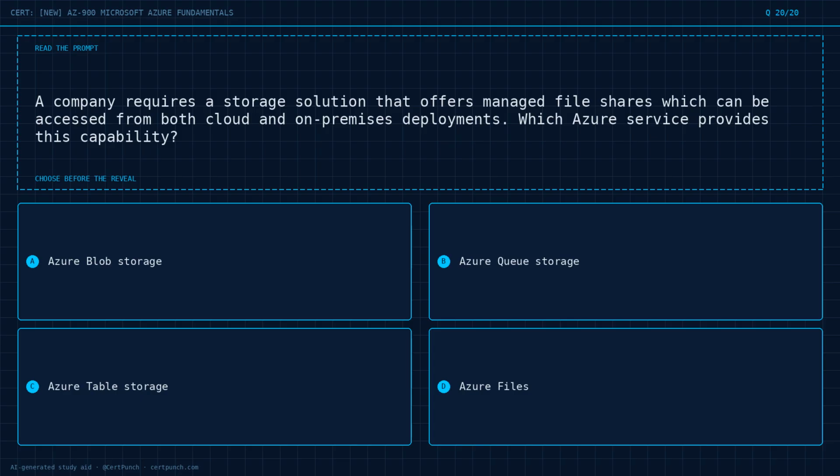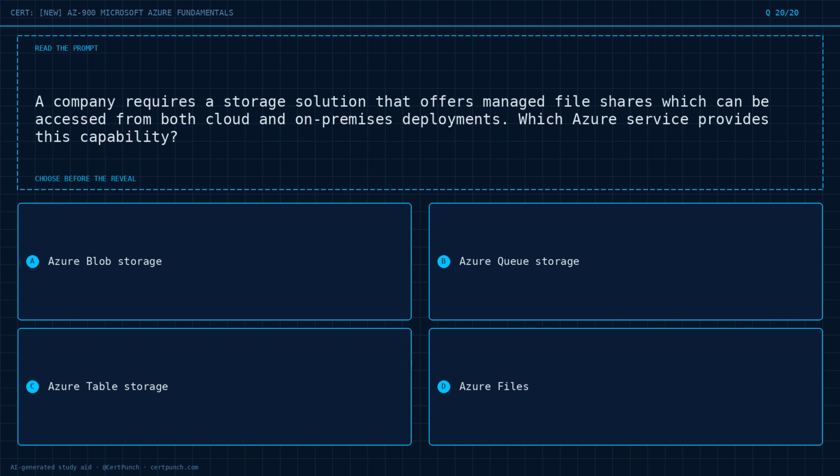Question 20 of 20. A company requires a storage solution that offers managed file shares, which can be accessed from both cloud and on-premises deployments. Which Azure service provides this capability? Option A, Azure Blob Storage. Option B, Azure Queue Storage. Option C, Azure Table Storage.